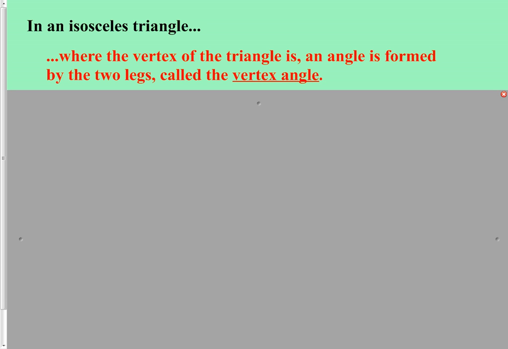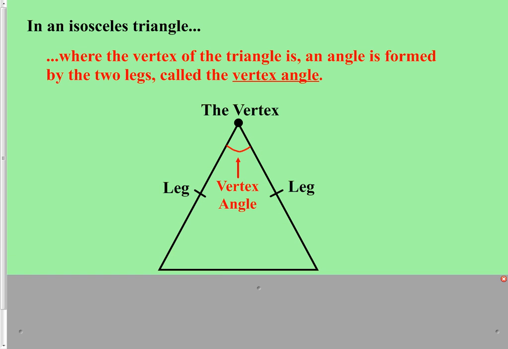In an isosceles triangle, where the vertex of the triangle is, an angle is formed by the two legs joining together. That angle is called the vertex angle. Okay. So if you drew your triangle large enough to begin with, you might add the vertex angle into your diagram. We're going to actually add a couple of more names for angles into your diagram.